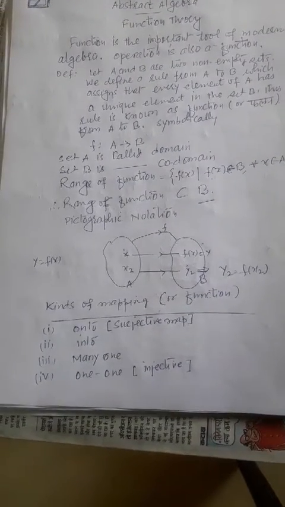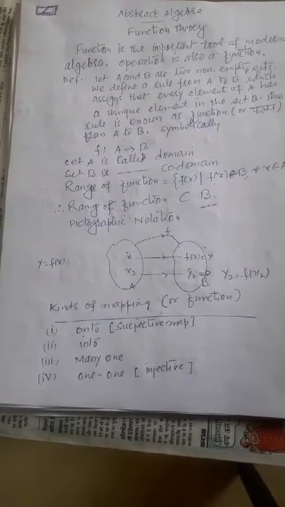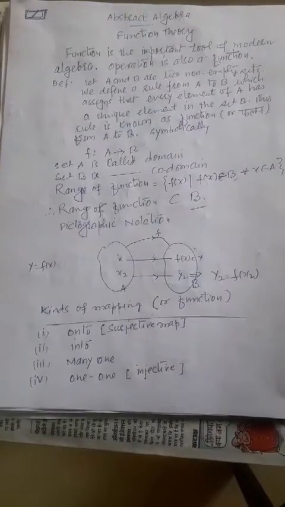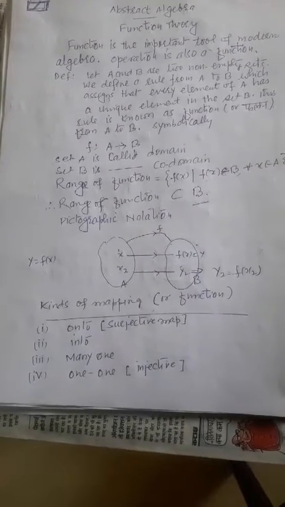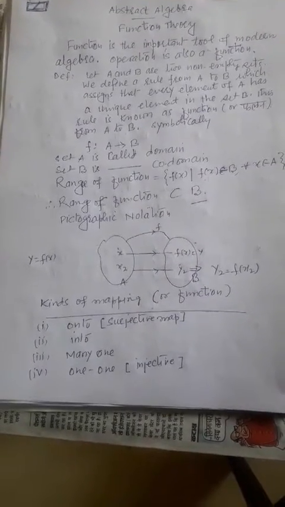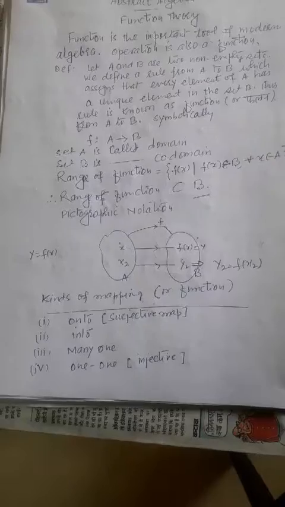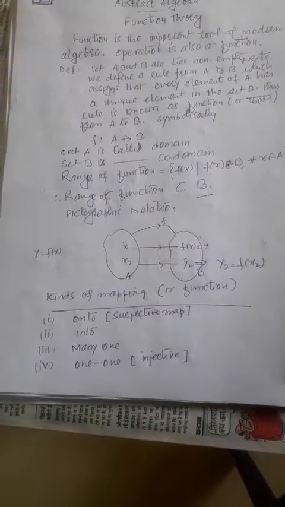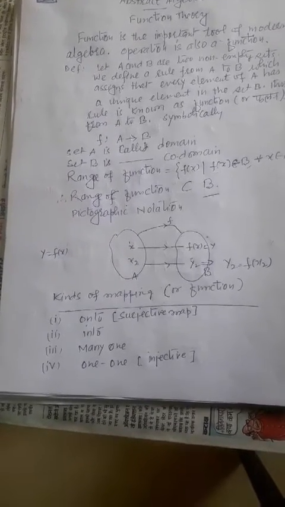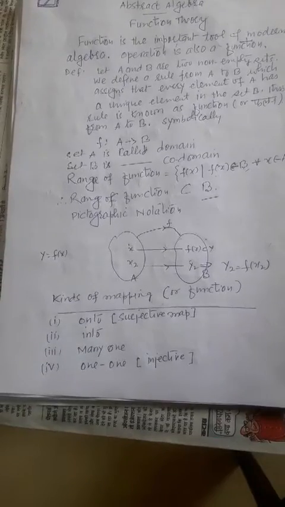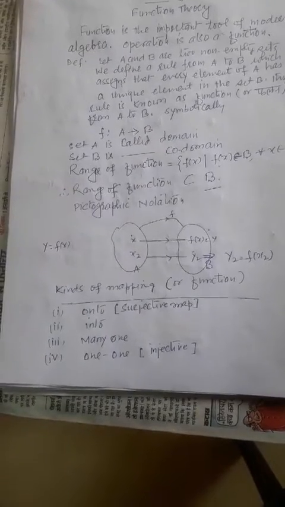Then we define a rule from A to B, which assigns every element of the set A a unique element in the set B. This rule from the set A to another set B is said to be a function from A to B. Symbolically, we write f: A to B.